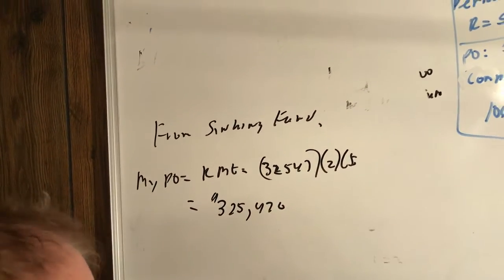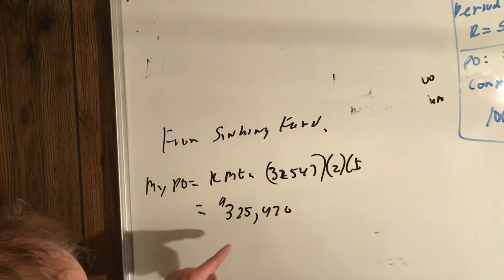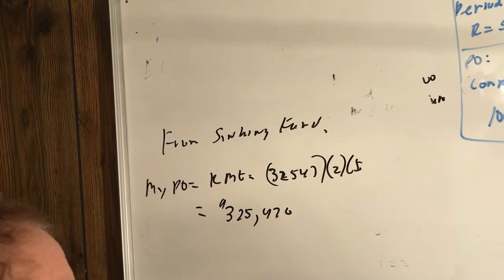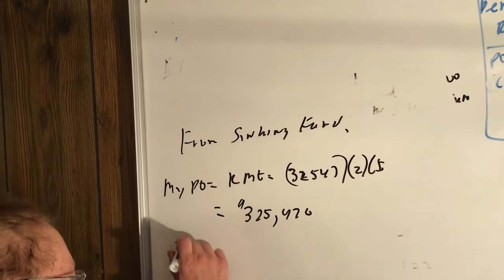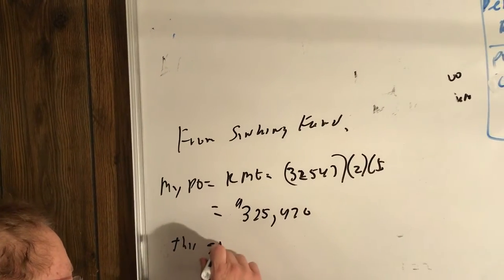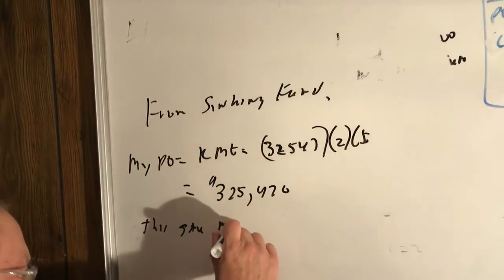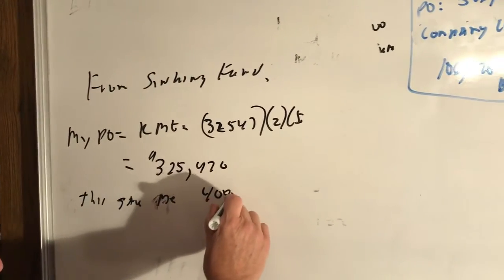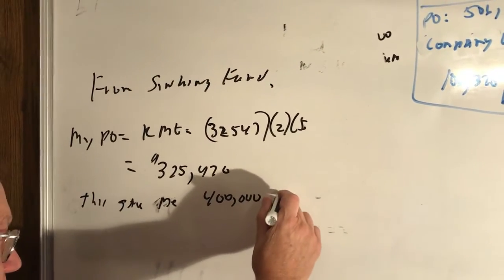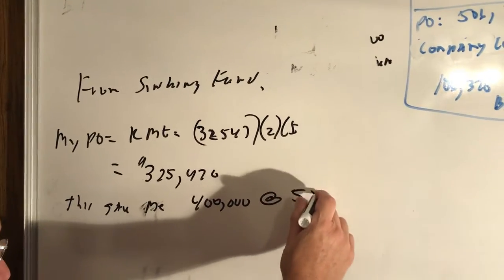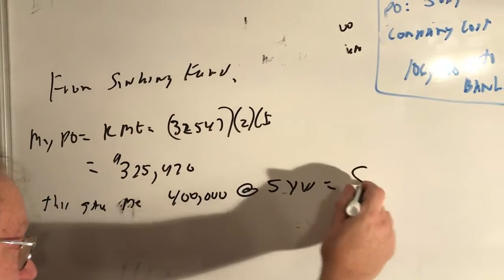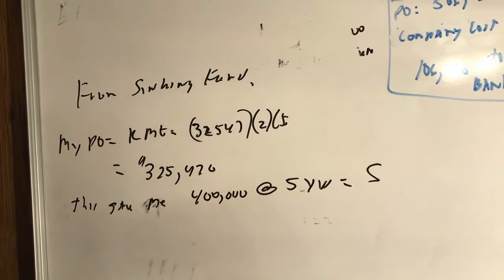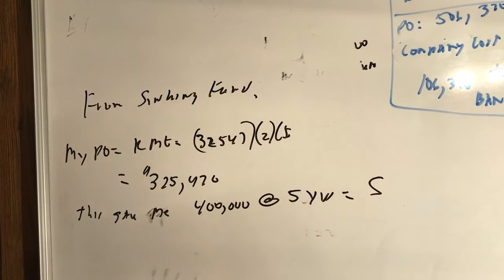Now this is what I generated. This is my payout, but this gave me 400,000 after 5 years. My future value. So what did I save here?